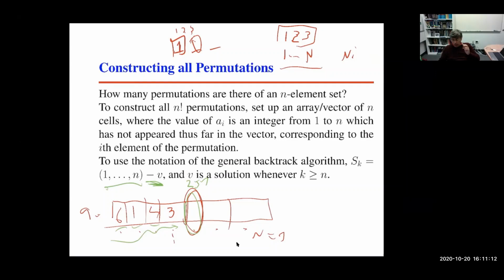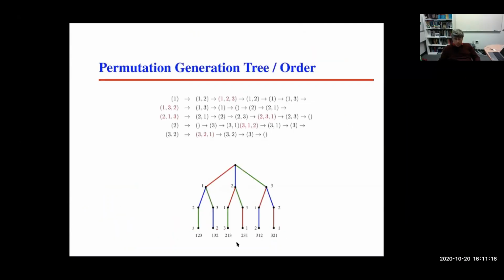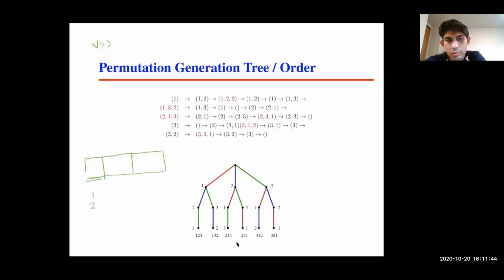So how can I use backtracking to do this? I am going to set up my array and iterate through this. What are my choices for the first spot if n equals 3? 1, 2, or 3.